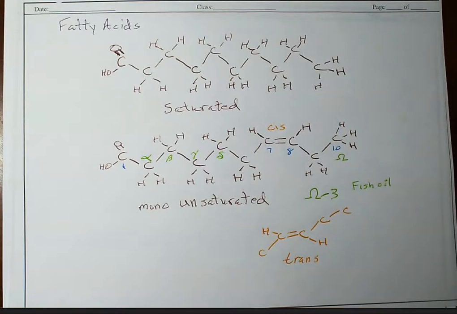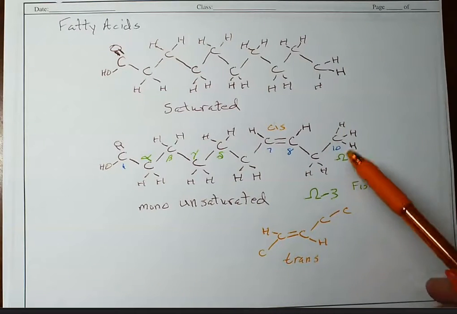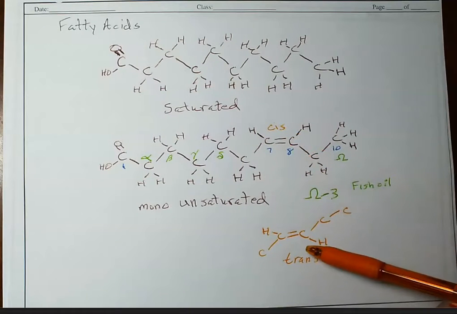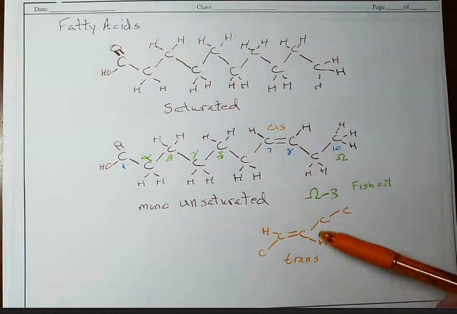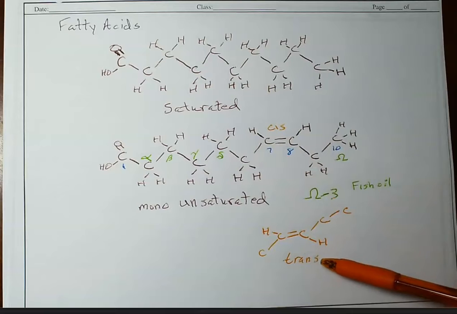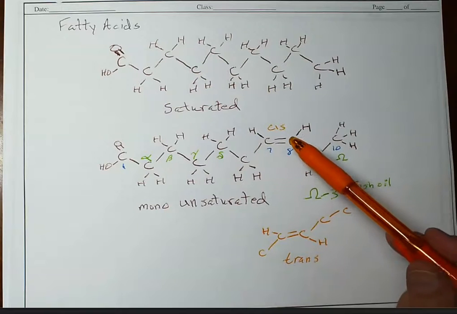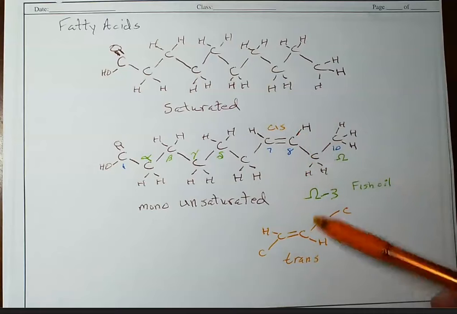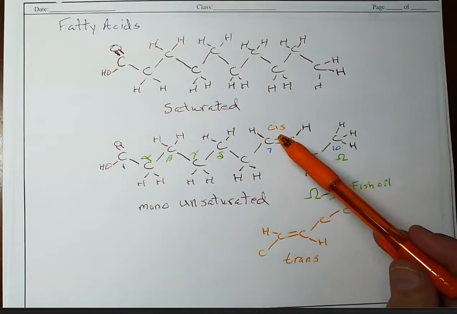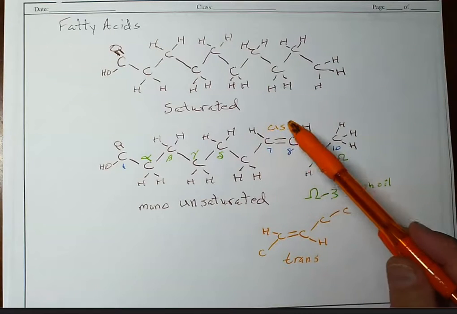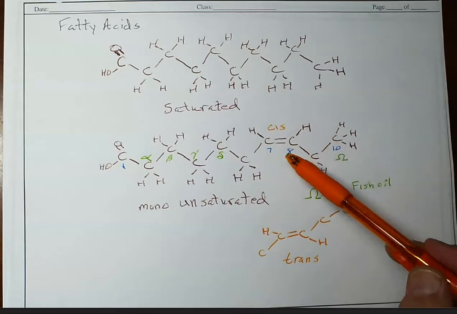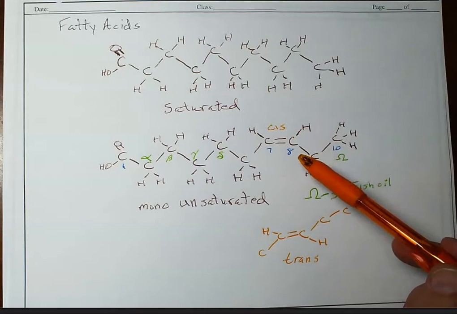C-I-S. Now the terms cis and trans have come into everyday language just in the past few years, really, where we talk about someone being transgender or cisgender. But here in organic chemistry, cis means that two atoms of the same thing, in this case hydrogen, are on the same side of the double bond.